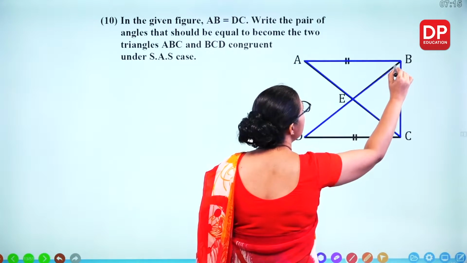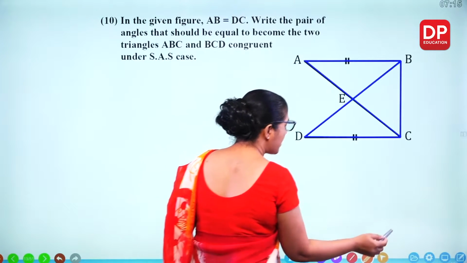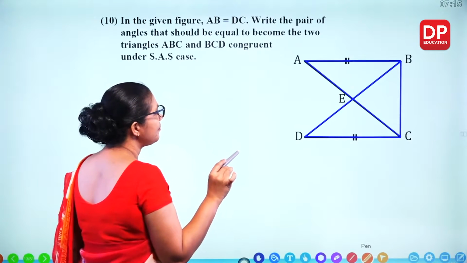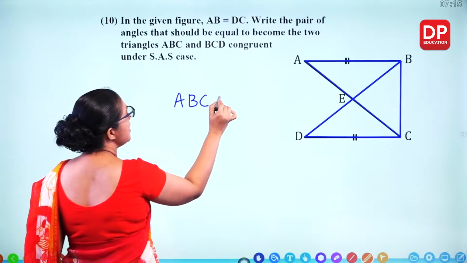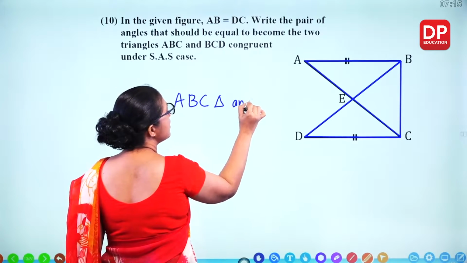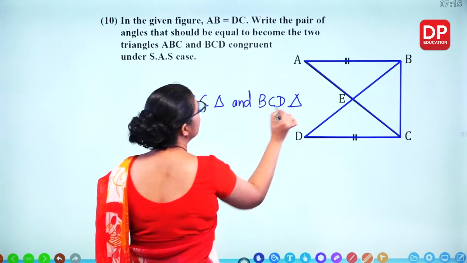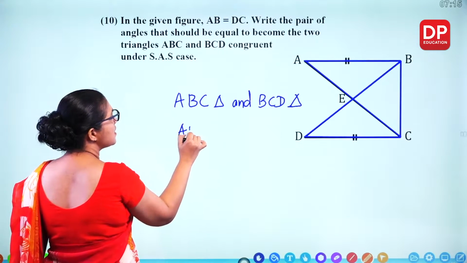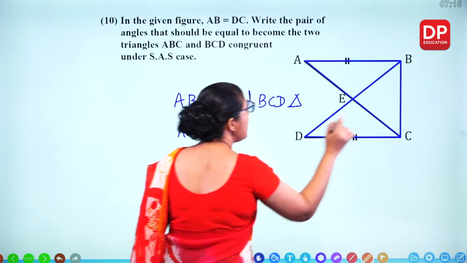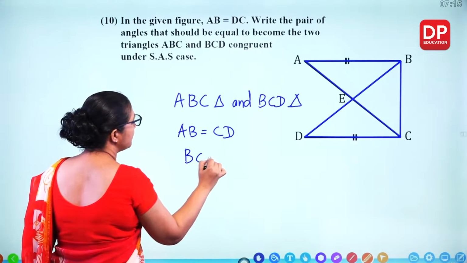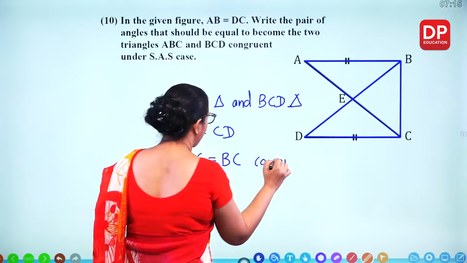This triangle and this triangle. If I write the two triangles, triangle ABC and triangle BCD, we know that AB equals CD. One length is okay. And can you see BC is common? That's common.